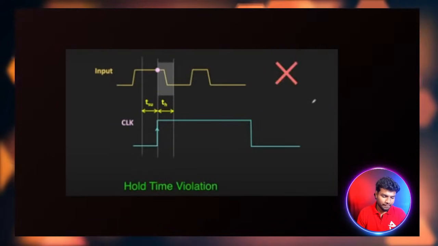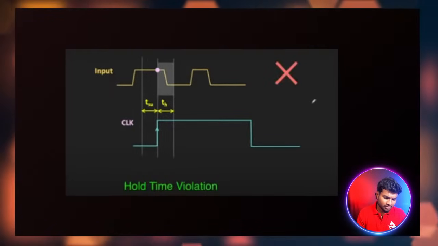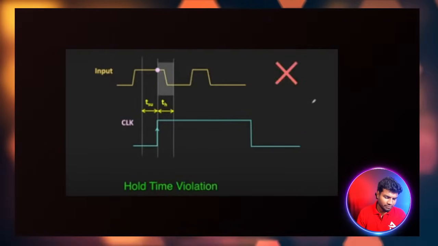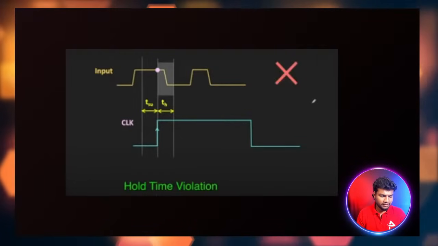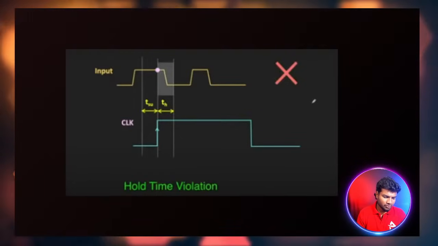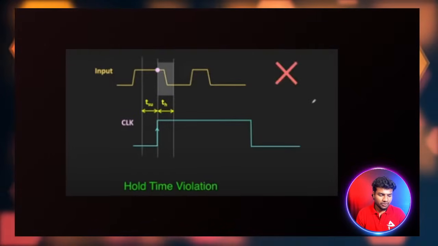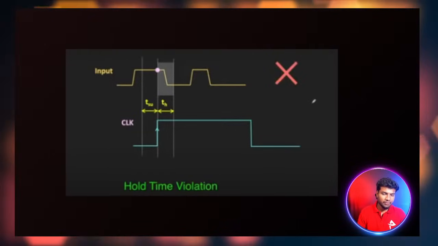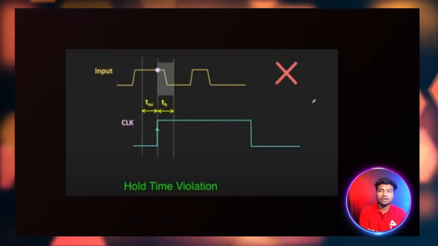Roshni asked some questions. If we have a T flip-flop or JK flip-flop, the frequency is 6 with 50% duty cycle, how to calculate? You know the frequency, so you can calculate the duty cycle based on the frequency.